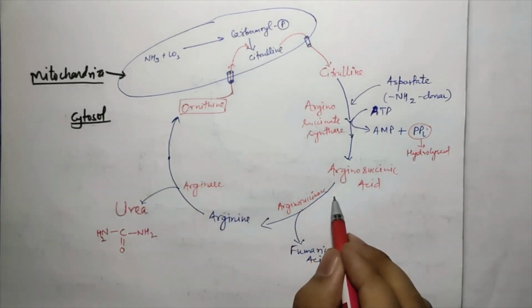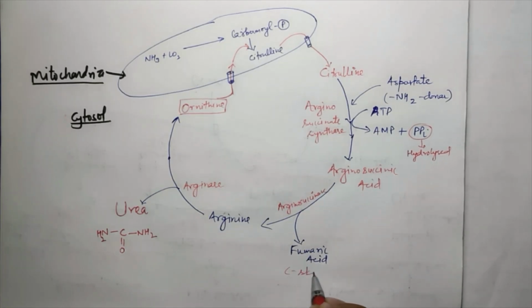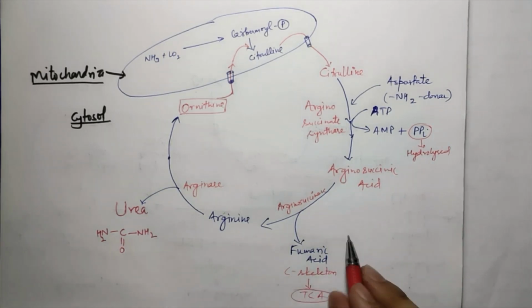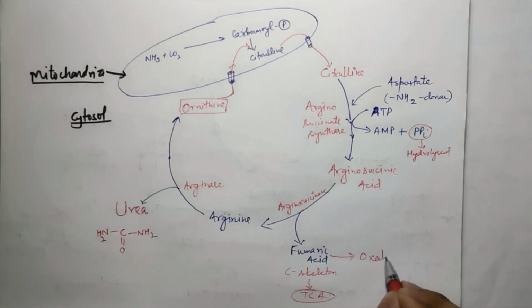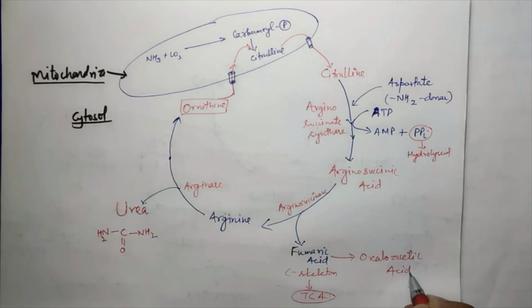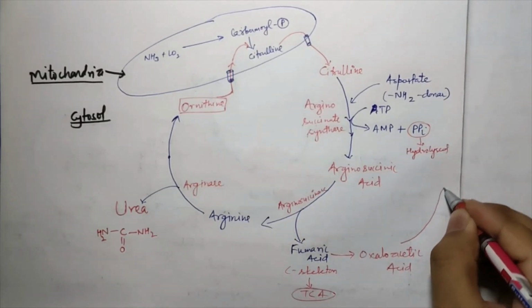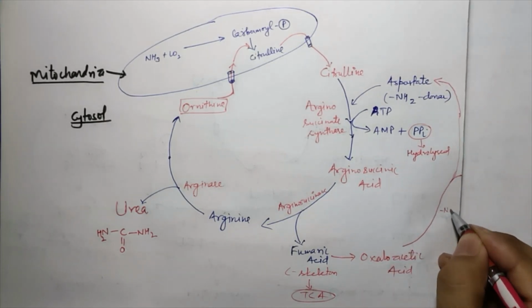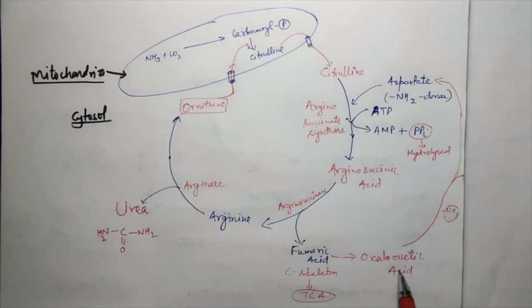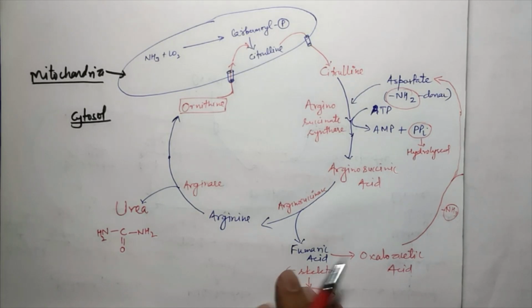But on the other hand, when arginosuccinase dissociates arginosuccinic acid into arginine and fumaric acid, this fumaric acid has a carbon skeleton and it is supposed to enter into the tricarboxylic acid cycle, and this fumaric acid is further converted into malate and subsequently into oxaloacetic acid, and this oxaloacetic acid is further executed by transamination reactions where an ammonia group is added and it is converted into aspartate, and this aspartate acts as a nitrogen or ammonia donor to the citrulline.